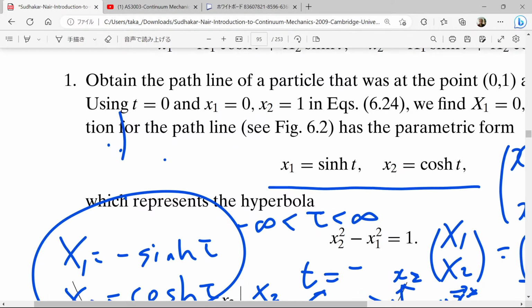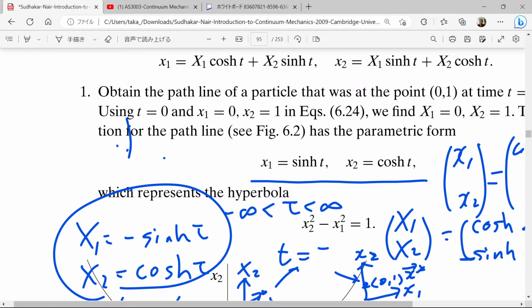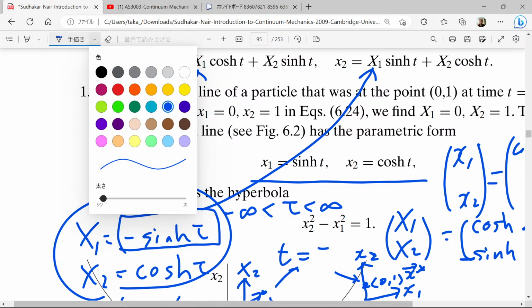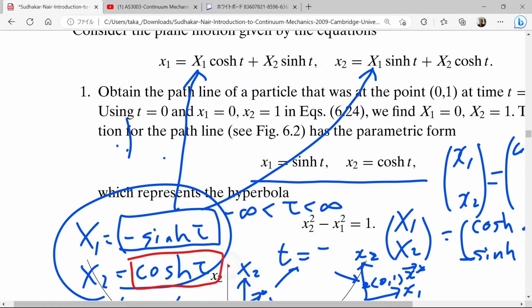So here, we put minus sinh tau to x1, then we put cos tau to x2, cos tau to x2, yeah?